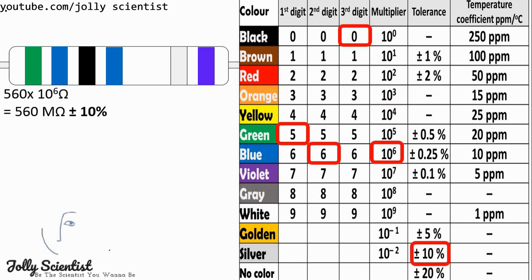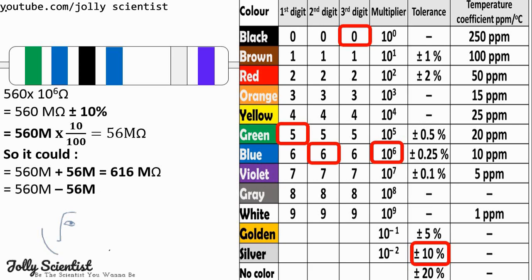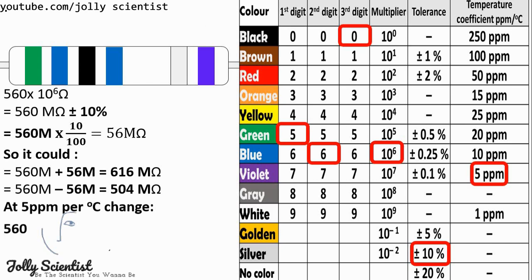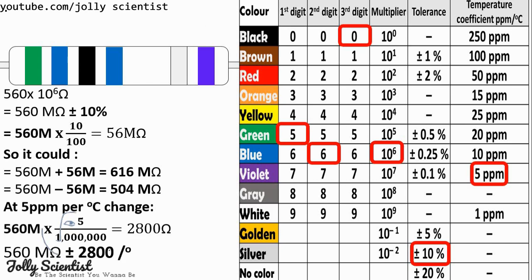Since that is silver, 10% of that value will give us 56 mega ohms, between 616 mega ohms to 504 mega ohms. Now the sixth is the temperature coefficient, which is valid, and that on the table is 5 ppm. So at 5 ppm per degree Celsius change, the resistor changes by 2800 ohms.